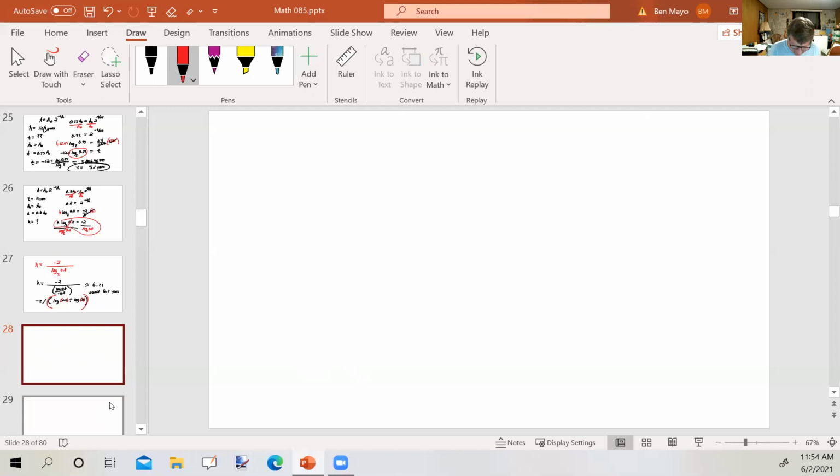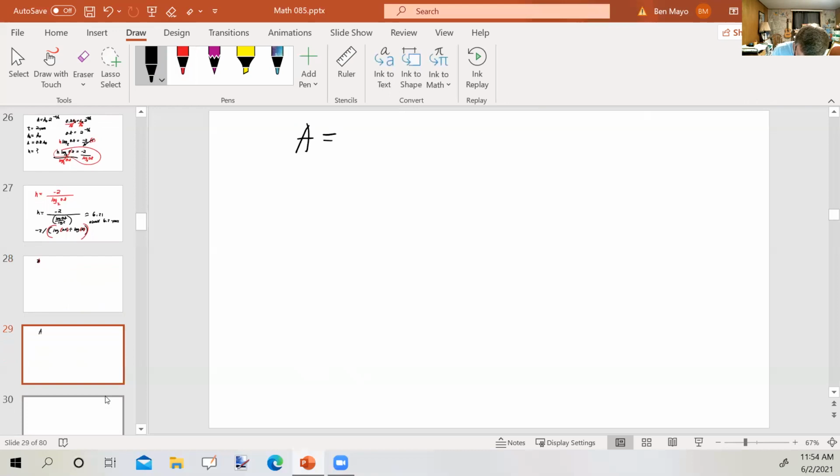How old is it? So let's change over. A equals A sub 0, 2 to the negative t over h power. It says the half-life of this is 5,700 years.